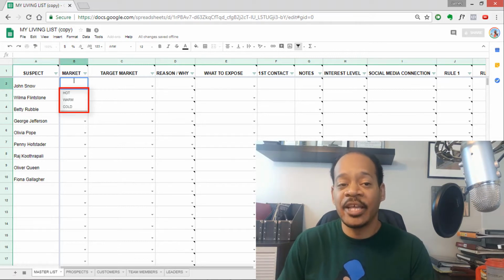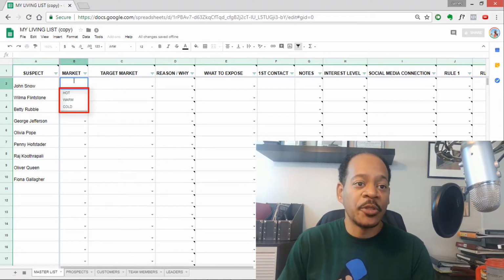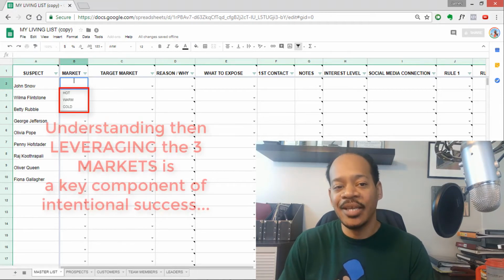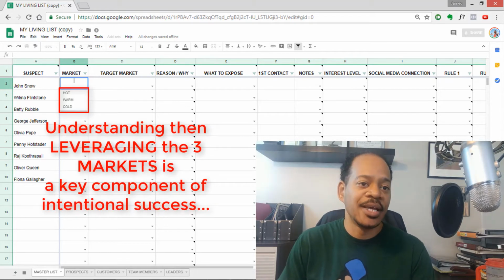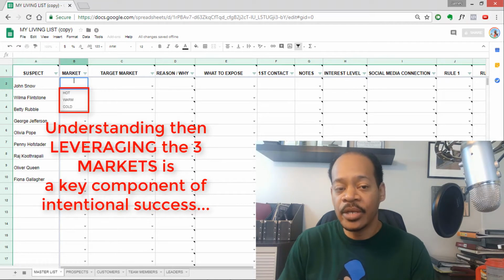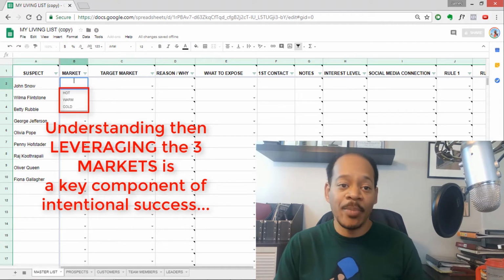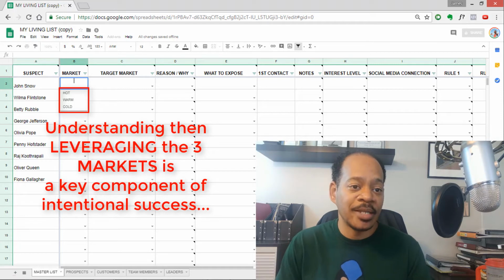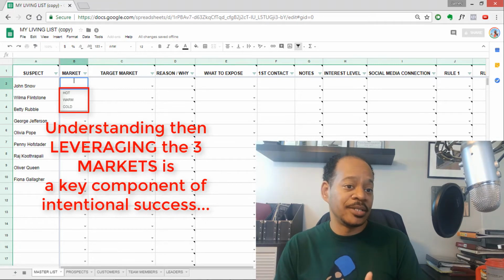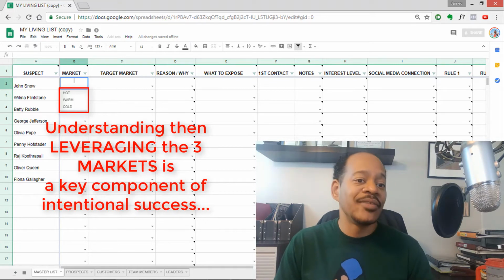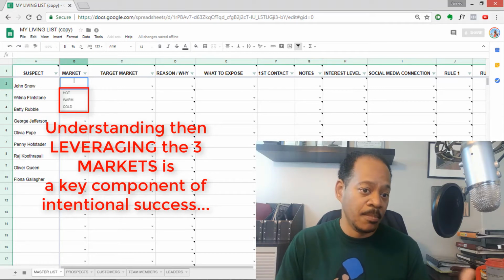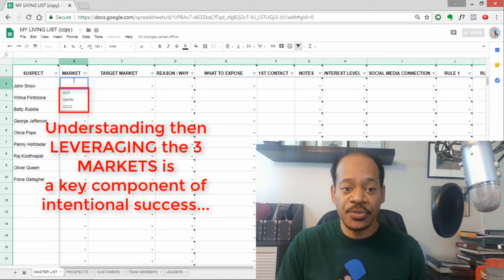And in my prospecting and recruiting guide, I go over the three markets in detail, and I'll cover this again in the future because I truly believe that understanding these three markets is the key to building a network marketing business, whether you're using traditional methods like connecting with people and prospecting, or you're building your business on social media, or even if you're using more advanced marketing and lead generating strategies.